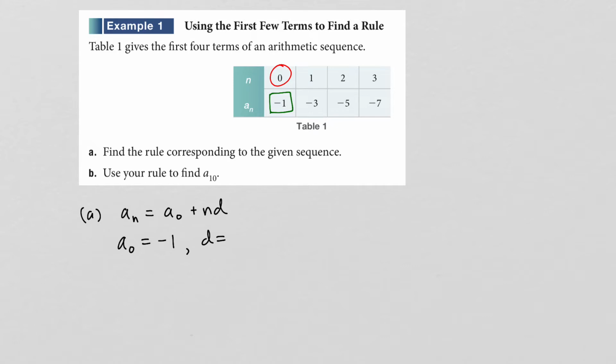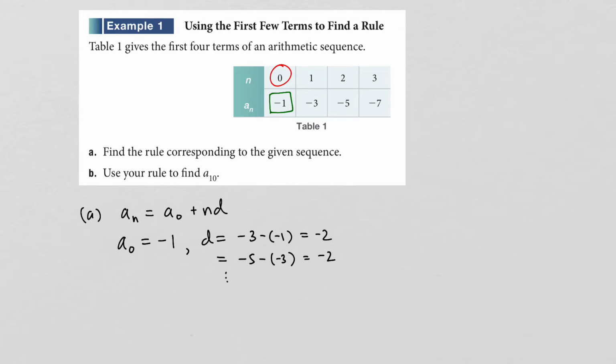Or we could subtract successive terms. So again, I could take -3 minus -1, that would be -2. I could also do -5 minus -3, that would be -2, right? So d is -2.